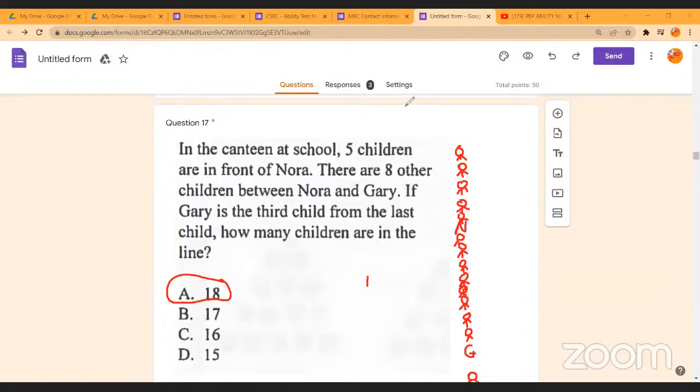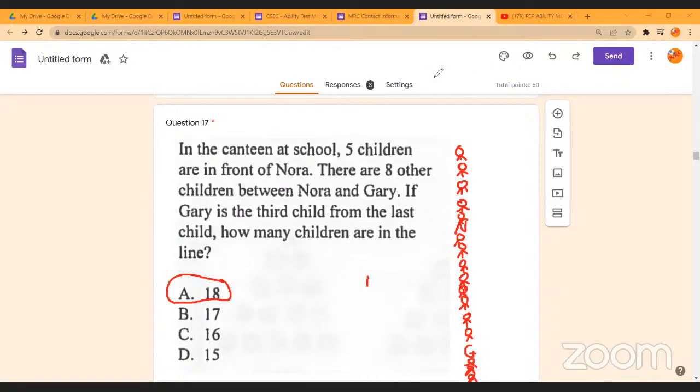Hold on. So Gary is the third from the last. So you said draw 3 children, right? So 1, 2, and draw the next one, 3. Yes, miss. Is that what I'm supposed to do?